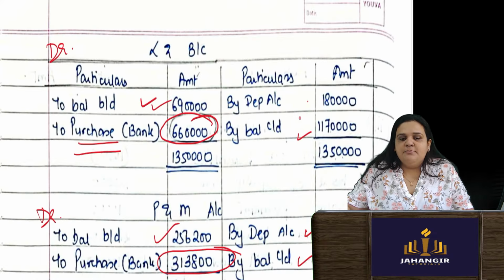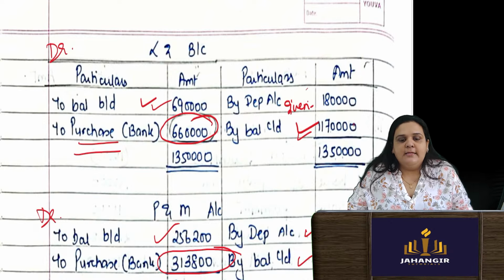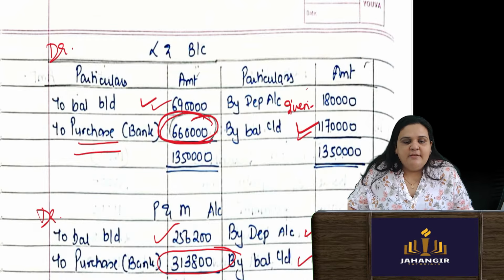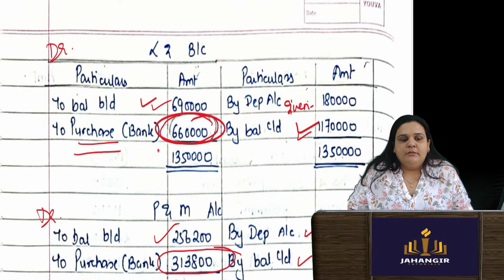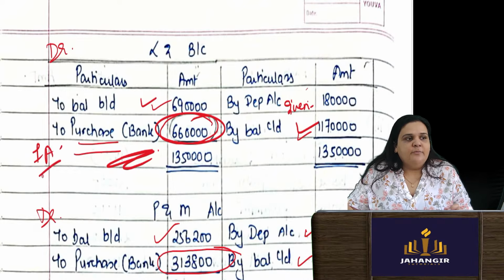So to balance brought down, by balance carried forward. Depreciation is given to me, so I am going to say by depreciation 1,80,000. When I close this, I will get the balancing figure. Since the credit side is more than the debit, I must have purchased it, right? 6,60,000 is purchase of land and building. This will go in my investing activity outflow.